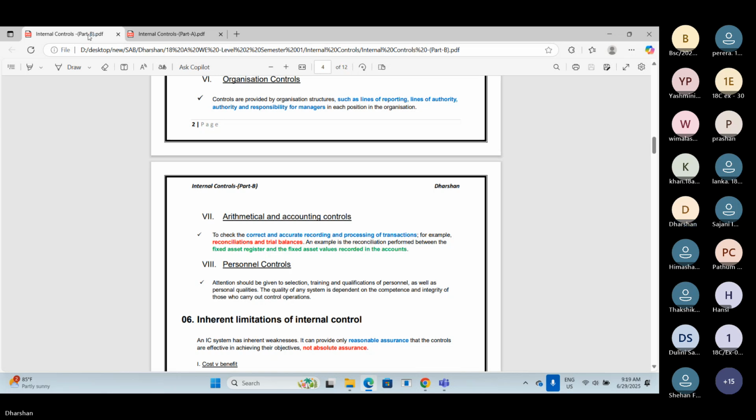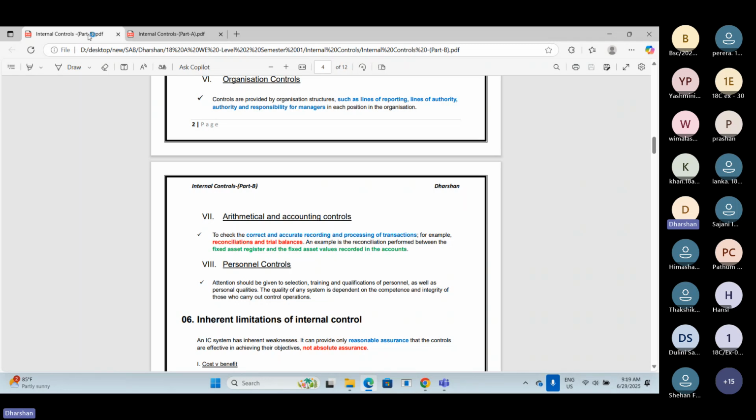So if that particular BPO, accounting outsource company, wants to achieve the quality output from their employees, what should they do? They should train their employees. They should provide training. What type of training?